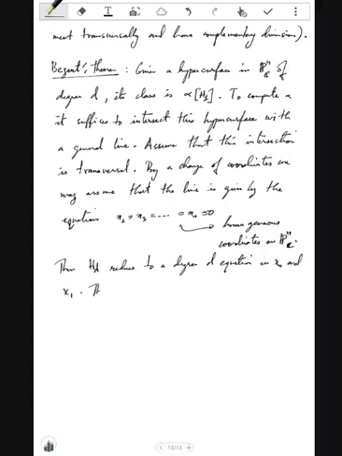This has d distinct solutions. Thus, alpha is d.